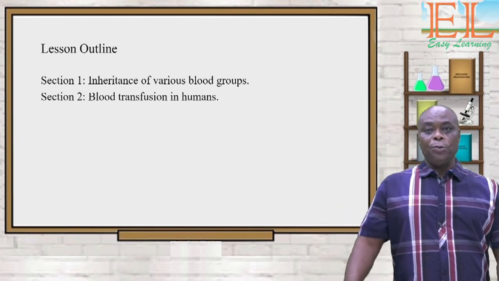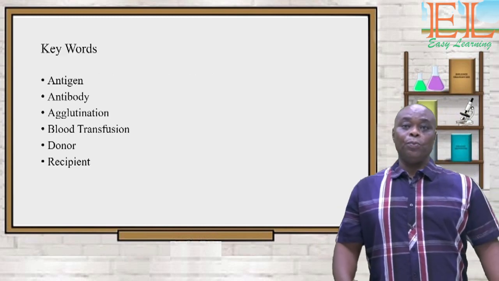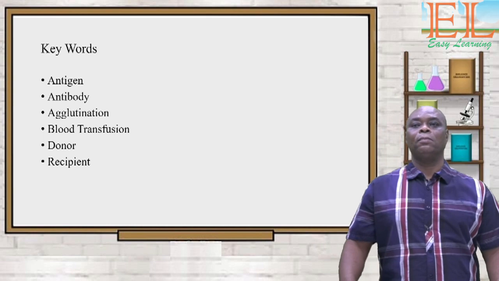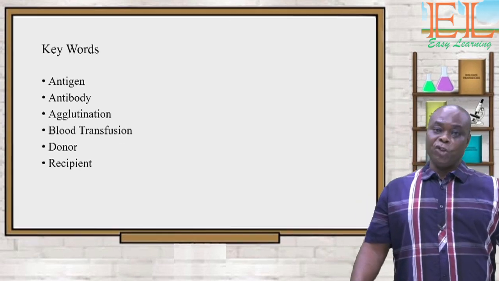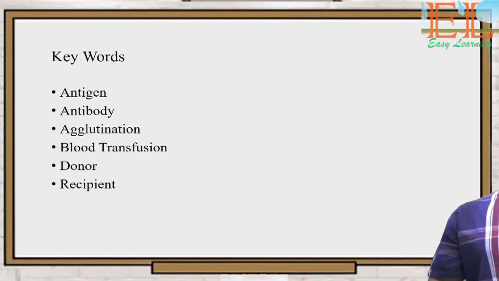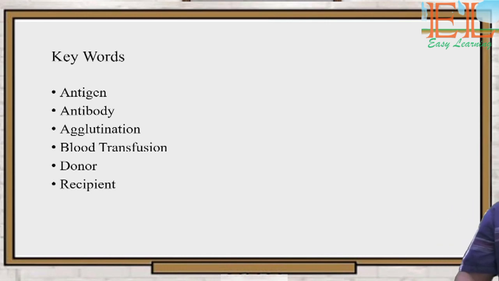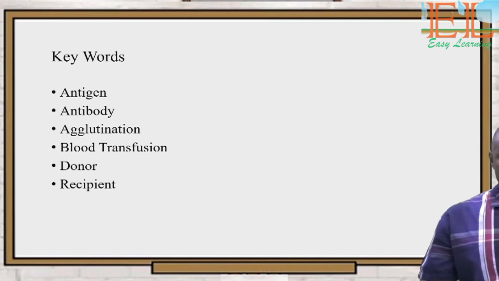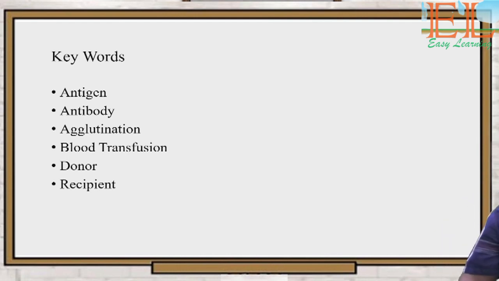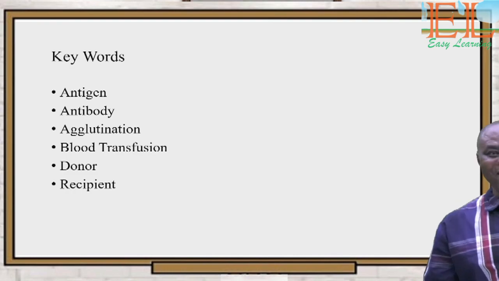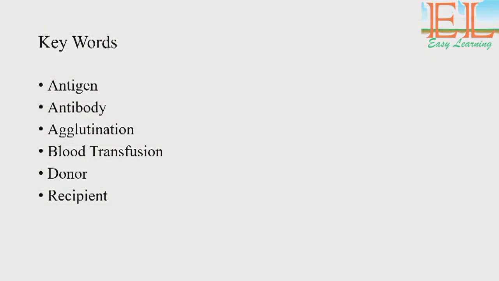Now let's go through these keywords that we'll be using in the lesson. We have antigen, antibody, agglutination. Yes, a big word. We have blood transfusion, and donor and recipient.